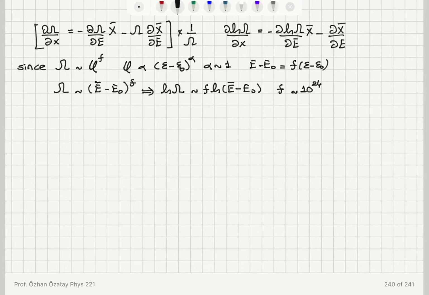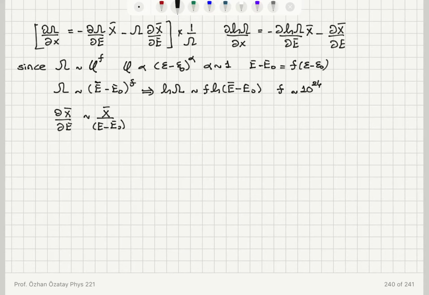On the other hand, if you look at ∂x bar/∂E, the second term, we will have this of the order of x bar divided by E minus E0, so the change in the energy.